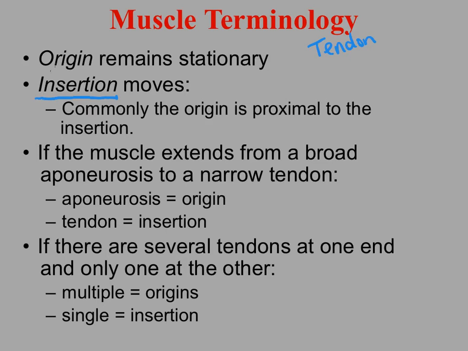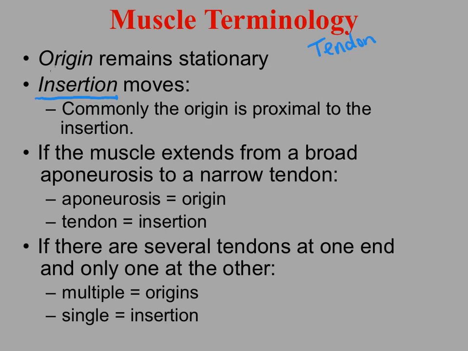You should not feel the scapula moving at all. That's the origin. The tendons of the biceps brachii originate on the scapula and insert on the radius and the ulna. So the point of origin is the scapula. The point of insertion is on the bones of the forearm.